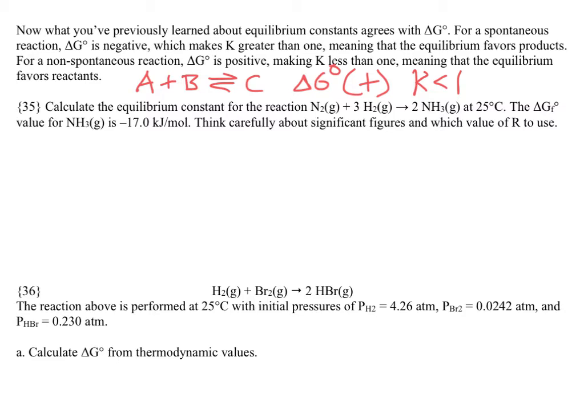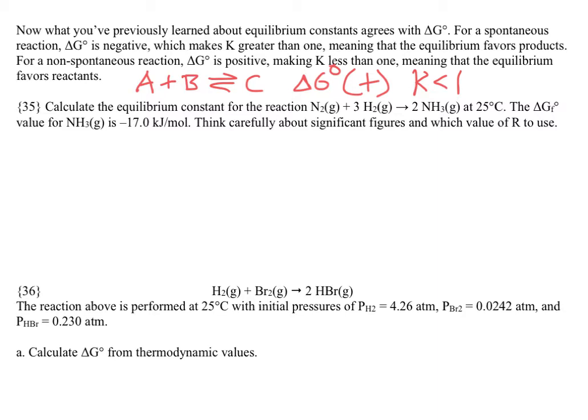So something that's non-spontaneous doesn't go in the direction presently written, reactants to products. But if you flipped it and wrote the products as the reactants, and the original reactants as products, then it would be spontaneous. So again, the idea of spontaneity connects with the idea of equilibrium.